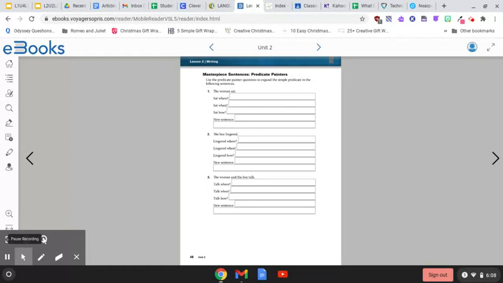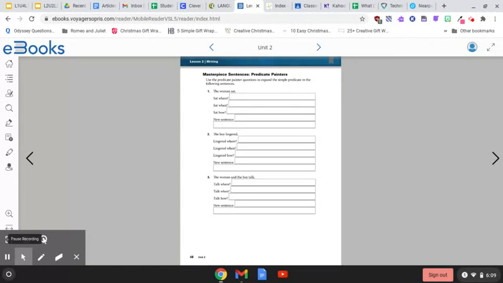When you write your new sentence, remember to capitalize the first word and include an end punctuation mark. Let's look at the first one. The woman sat. Where did the woman sit? Go ahead and jot down an idea.